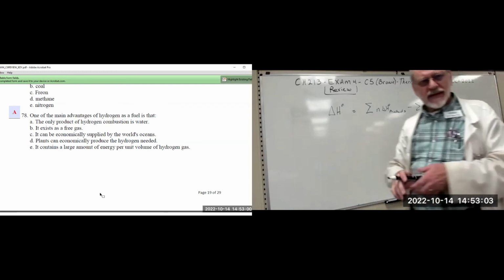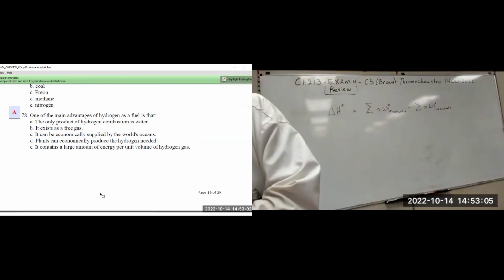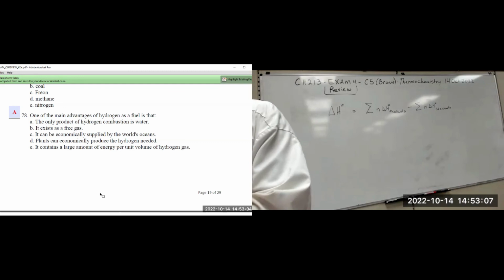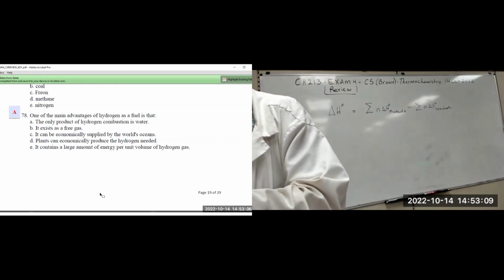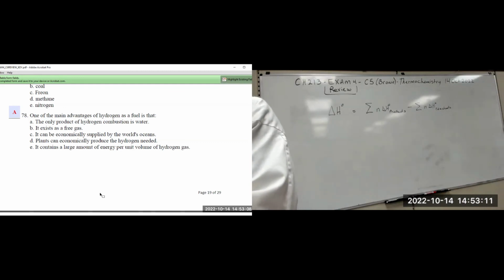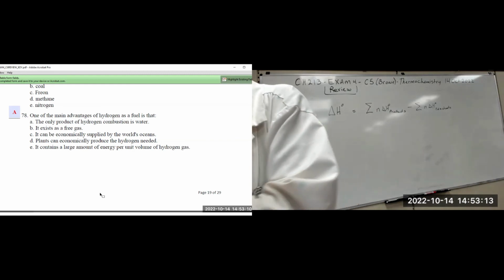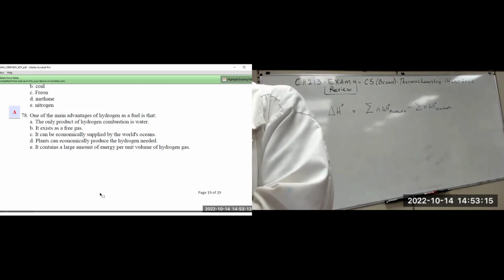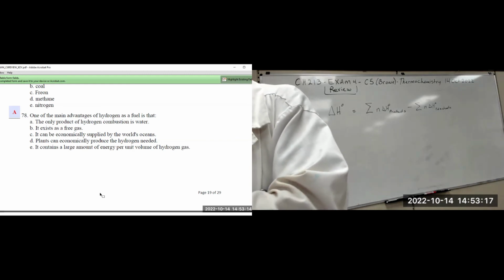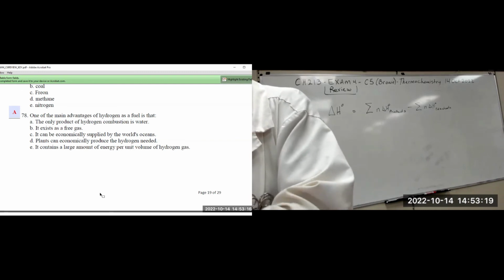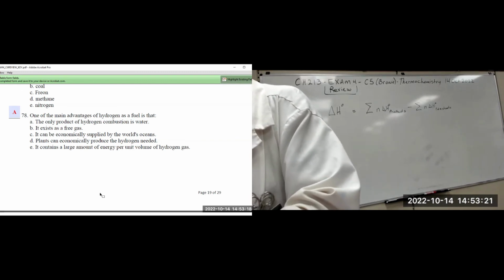And I didn't see one like that in there unless I missed it. Let me flip back through the pages and see if I missed one. Nope, not there, not there.